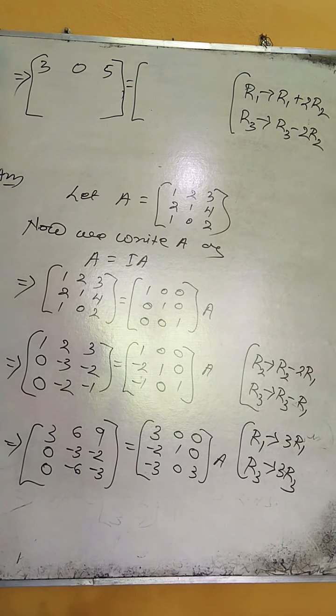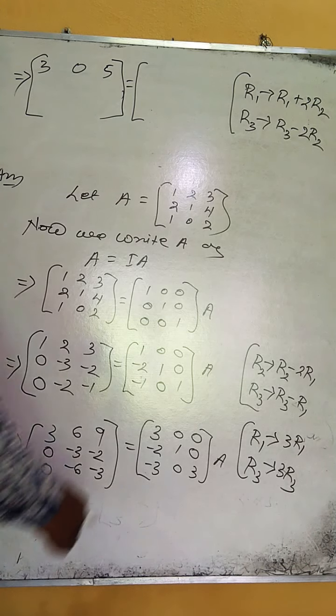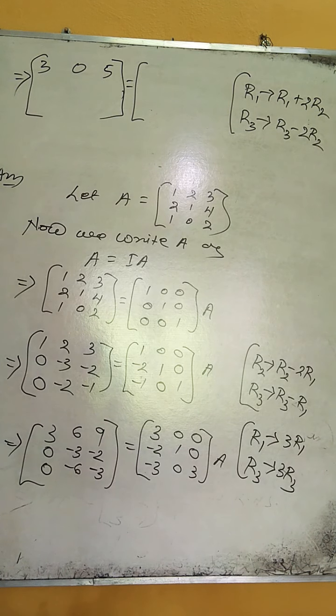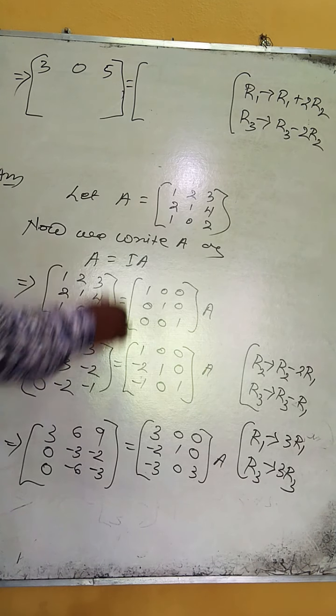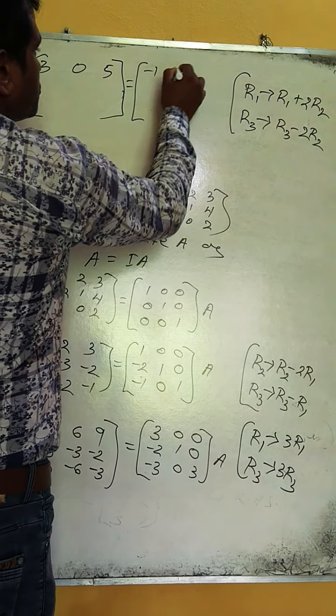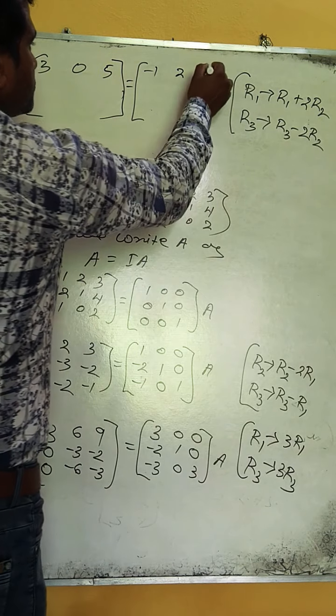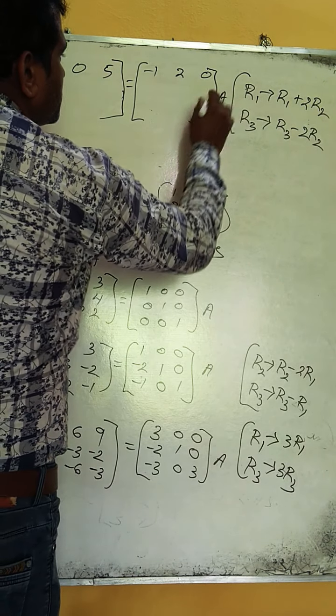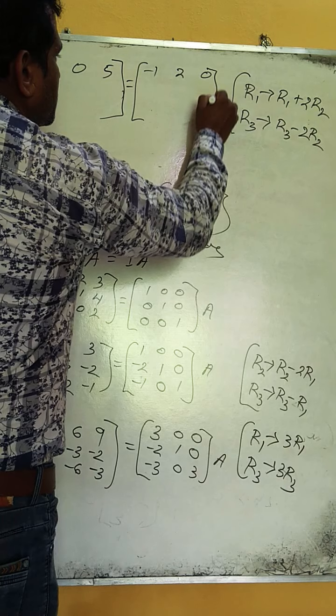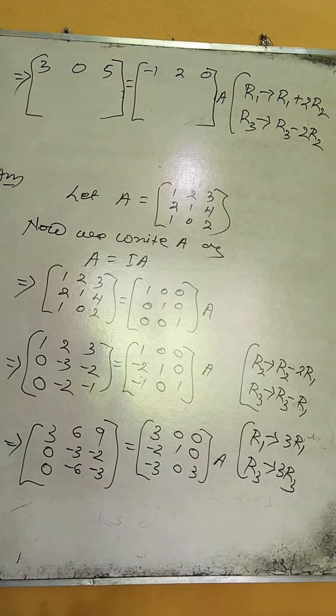So here we write 3 plus 2R2, that means 3 minus 4 is minus 1, 2, 0. Okay, that is R3 becomes R3 minus 2R2.